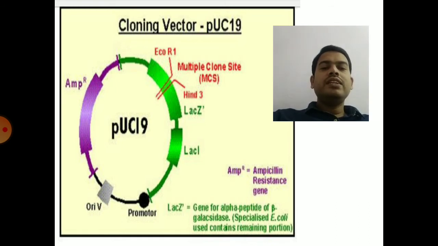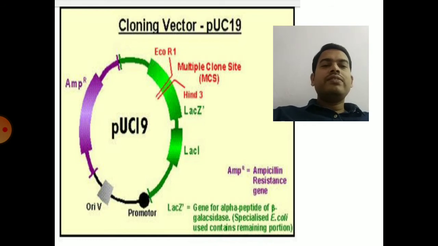So you can clearly see the origin of replication, the LacZ gene, which plays an important role in the synthesis of beta-galactosidase, and a resistance marker, ampicillin R, the ampicillin resistance marker, the LacI promoter, the LacZ promoter, and you can see the multiple cloning site in the LacZ region.